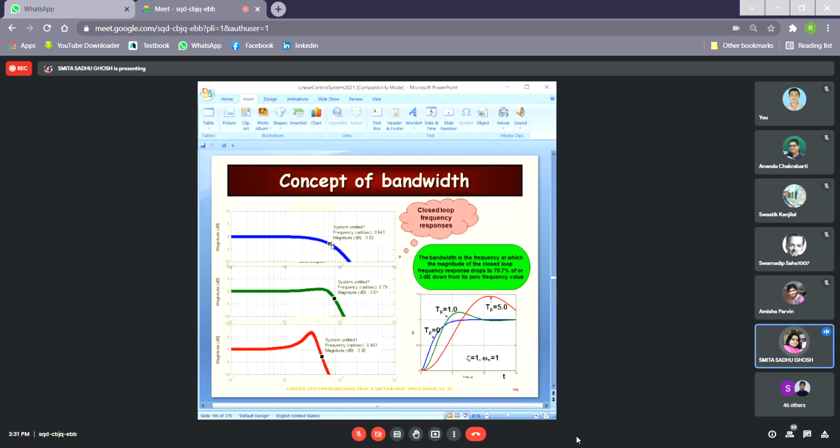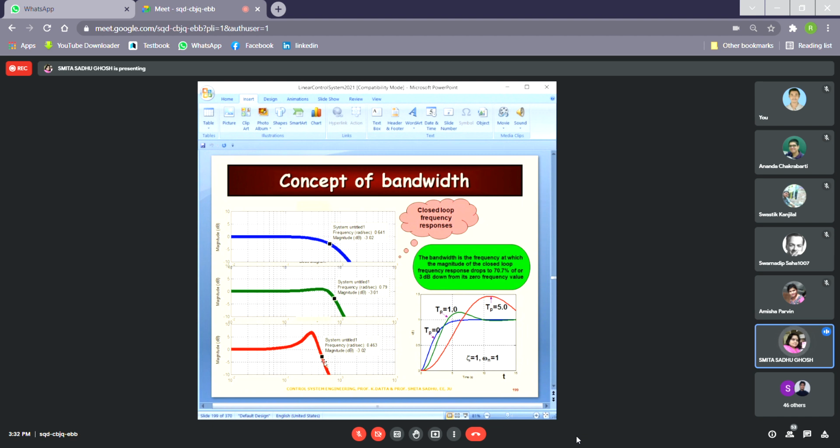So now, for this first system, for tp equal to 0, we had the bandwidth as 0.6, and for tp equal to 5, we had the bandwidth of 0.4. That means that for the system without the additional pole, the bandwidth was larger compared to when the additional pole was added.